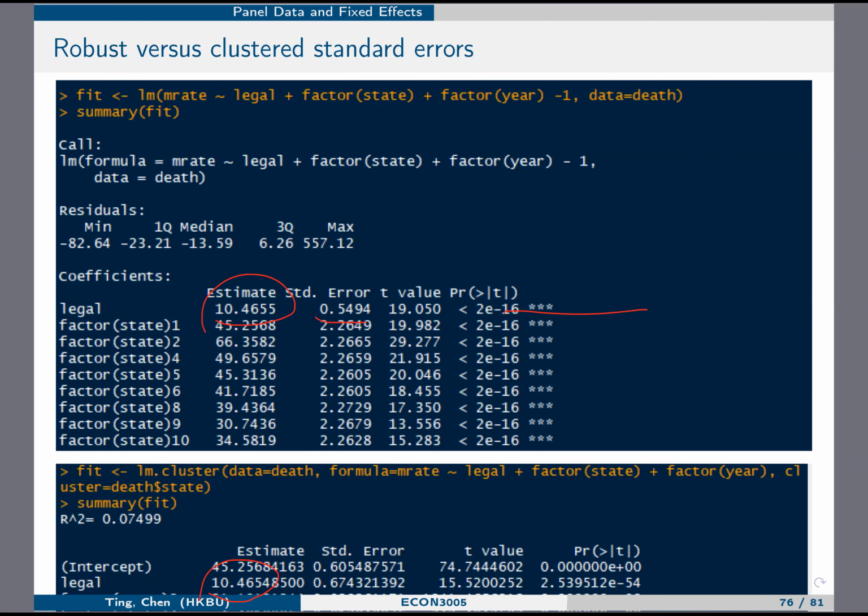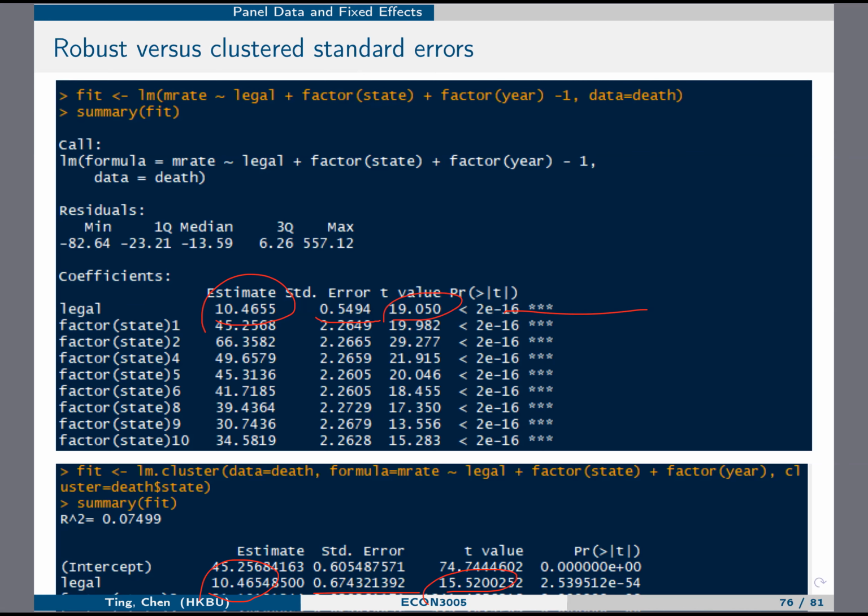The cluster standard error is actually getting larger compared to the conventional standard error. But still, even with this larger standard error, the estimated coefficient is unchanged but the standard error in the denominator gets larger, so we will have a smaller t-value, dropping from 19.05 to 15.52.